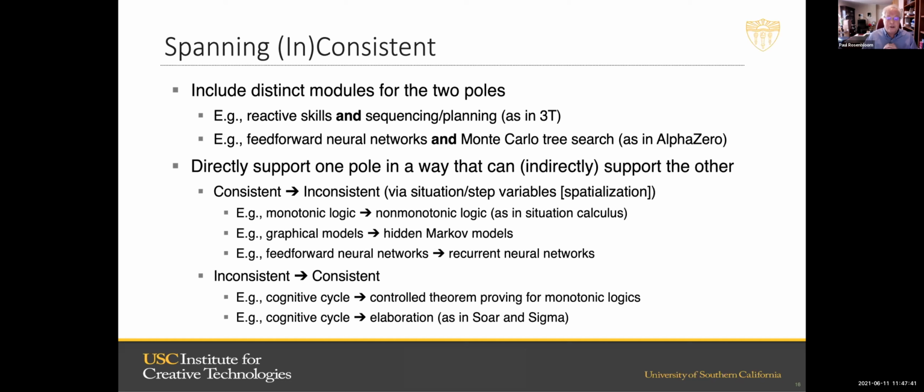In the reverse direction, you can take a cognitive model and a monotonic system and promote it to inconsistency so that you can control it by doing a step of inference in each cycle and using knowledge to control it. Or you can take the cognitive cycle, which is inconsistent but has a consistent subregion, which in Soar and Sigma is called elaboration, and therefore get a consistent portion that's nested within an inconsistent mechanism.